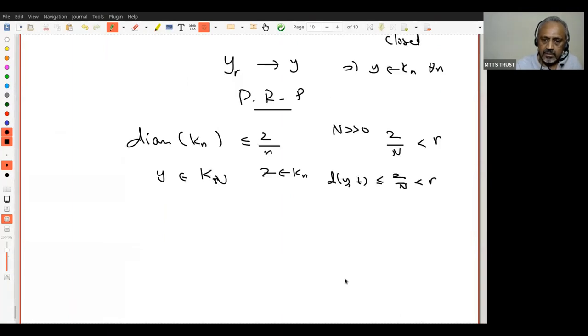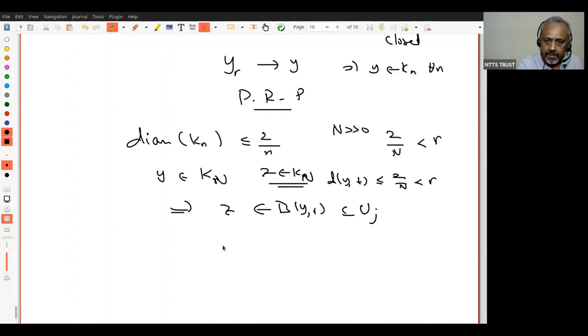That means z is in B(y, r), but B(y, r) is contained in Uj, and z is an arbitrary point of Kn. Therefore, Kn is contained in B(y, r), that is contained in Uj. That means Kn is not a rogue.